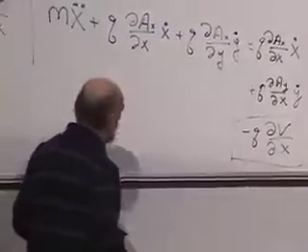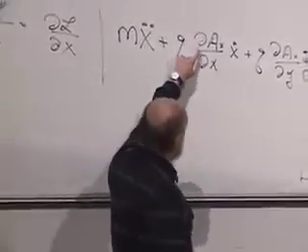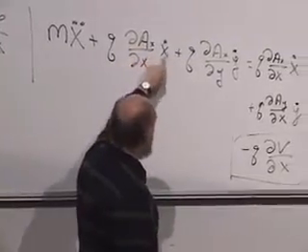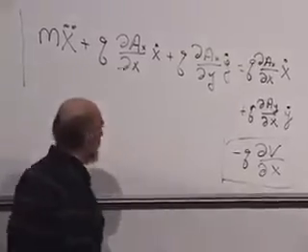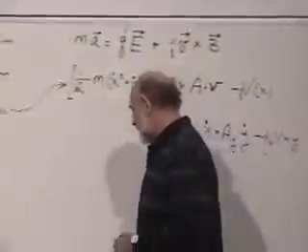That's in good shape. On the left-hand side, we have some terms, each of which involves the derivative of A with respect to x times some sort of x dot. On the right-hand side, we have similar things. Perhaps some of them cancel. Let's see what cancels.